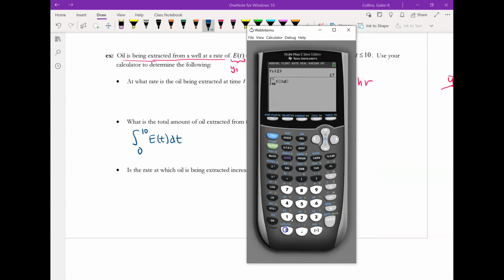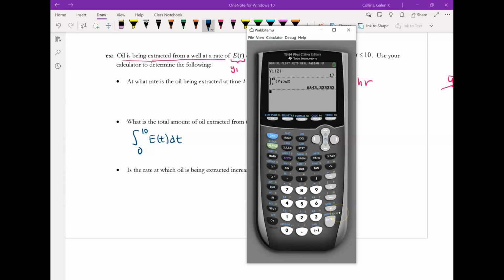So I want to plug in a 0 for my lower limit, a 10 for my upper limit. And then I need to plug in where I stored my function, which was in y1. So vars, y vars, function y1. And then you always have to plug in the variable of integration, which is x. It's always going to be x.